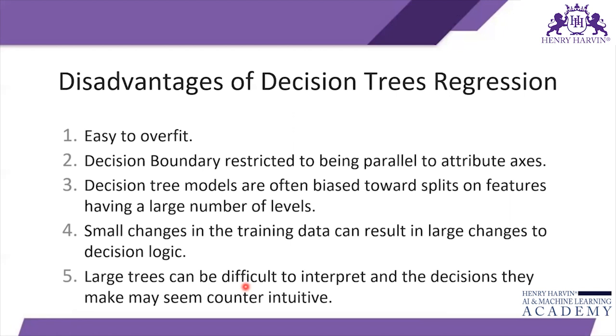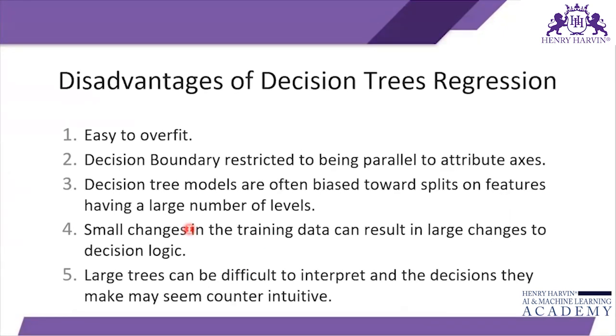Trees can be difficult to interpret, and the decisions they make may seem counterintuitive. So basically, if you make a decision tree with a large depth, like 50 or 100, then it is difficult to interpret and understand that decision tree. And this is the main disadvantage of this decision tree regression algorithm.